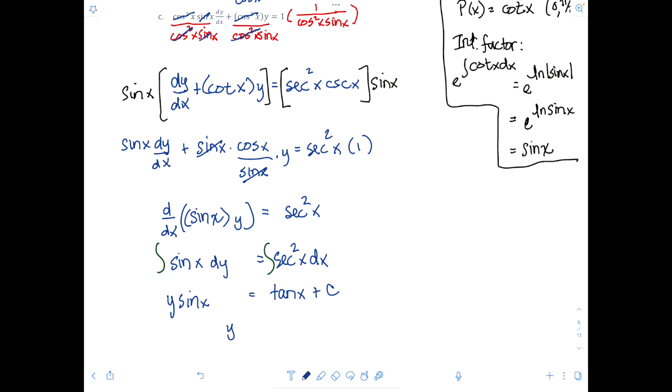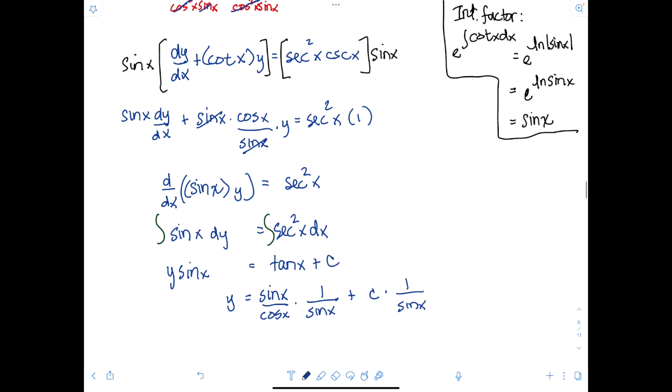So y equals, I'll write the tangent as sine of x over cosine of x. We're going to be dividing by sine of x, so multiplying by 1 over sine of x, plus c times 1 over sine of x.